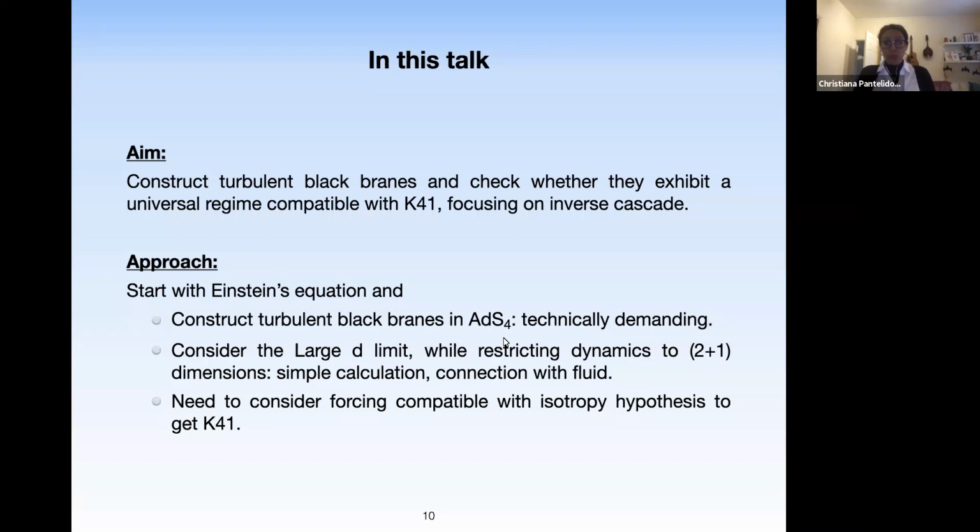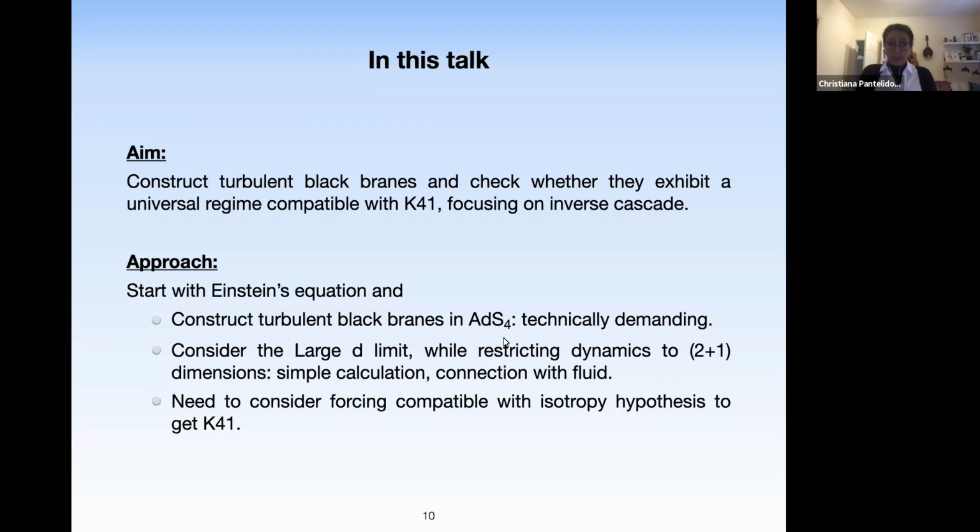Okay, so the large D limit not only simplified the equations that we wanted to solve substantially, but it also connected once again to fluids, which was good for us because it gave us the option of taking intuition from fluid mechanics.